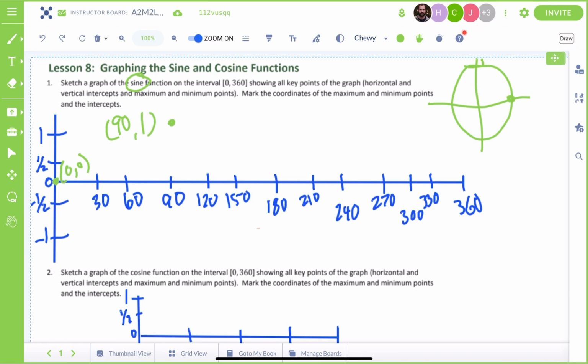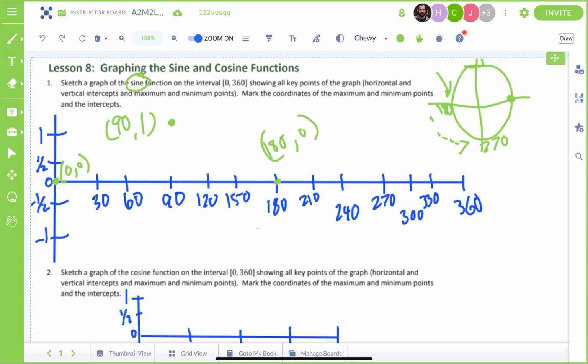Now, if we rotate on over to 180 degrees on our graph, what is our sine? Well, our sine is 0 again. So we're back down on the x-axis where we have 180 and 0. Now if we rotate again down to 270, what is our sine?